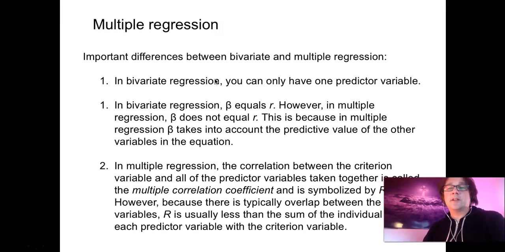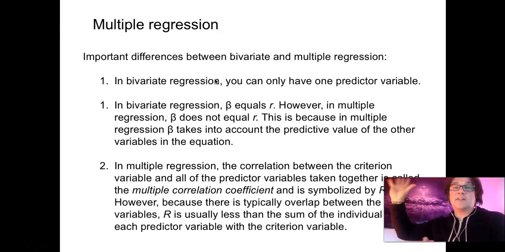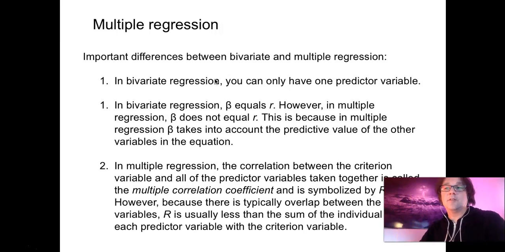However, because there's typically overlap between the different predictor variables, R, that big R, is usually less than the sum of the individual R's. So you can't just add up all your betas and say, okay, that's going to equal the big R for the model. That's not necessarily going to be the case.